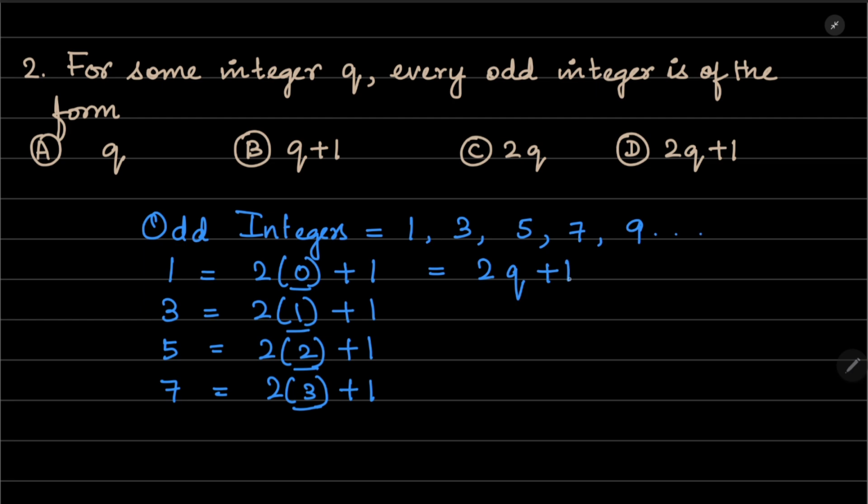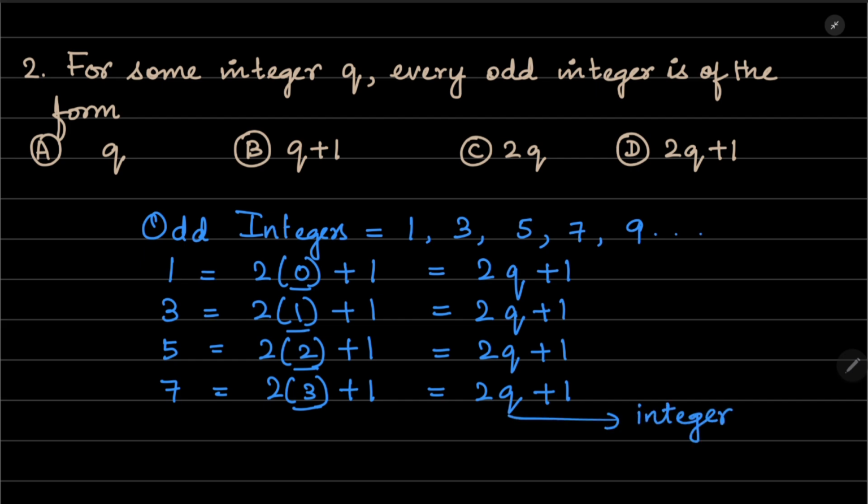So 2q plus 1. All of these odd integers are of the form 2q plus 1 where q is an integer. So the correct answer is 2q plus 1.